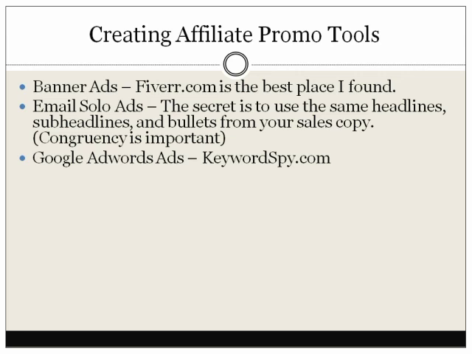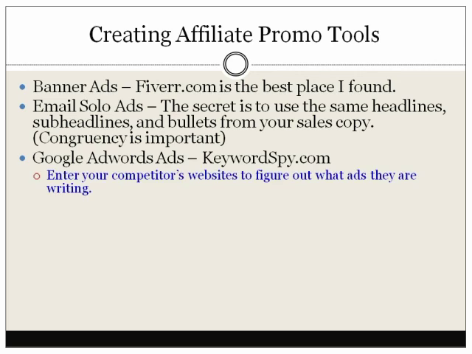If you simply find your competitors and enter their domain name into keywordspy.com, or keywords that relate to your product, you're going to see what your competitors are creating in terms of pay-per-click ads. Don't necessarily copy them, but use similar keywords. You can rewrite the ad and create some ads so that your affiliates have something in hand. So just go to keywordspy.com, enter your competitors' websites, and figure out the ads they're writing.